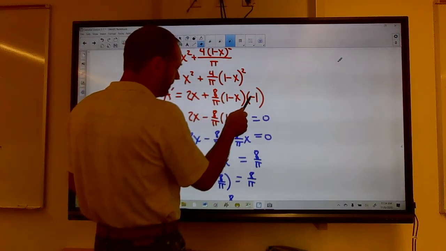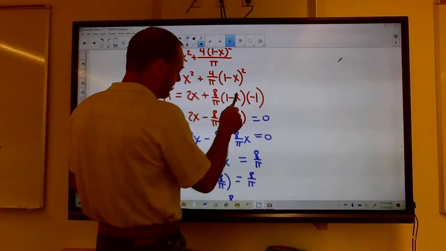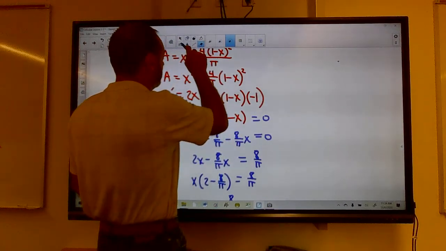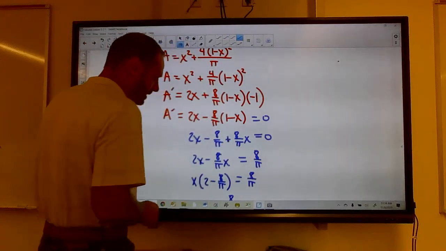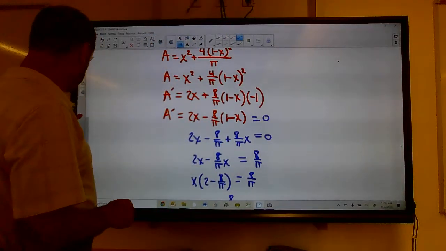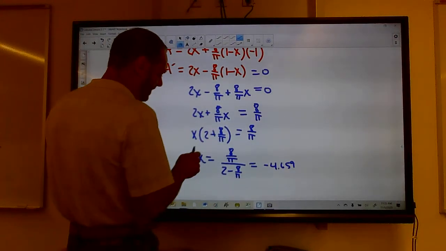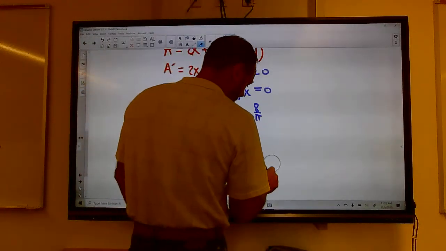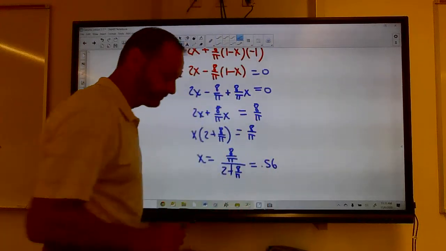So 8 over pi would go here, but it would be negative, which I did. But then when I distributed this over here, I didn't distribute the negative, so this should have been positive. That makes the difference in the problem. This is positive right here, this is positive right here, this is positive right here. And that means that this comes out to be 0.56.